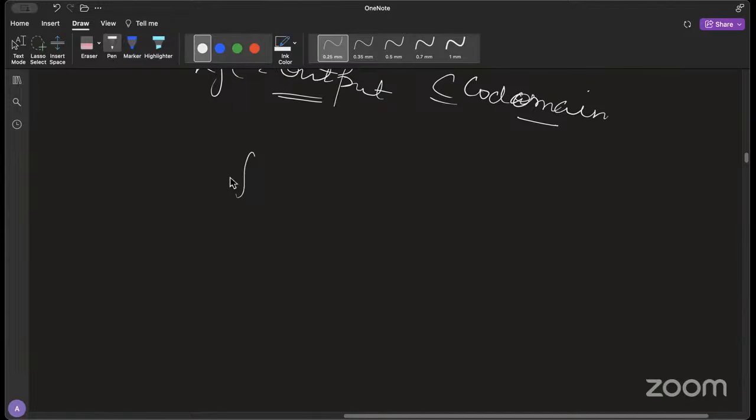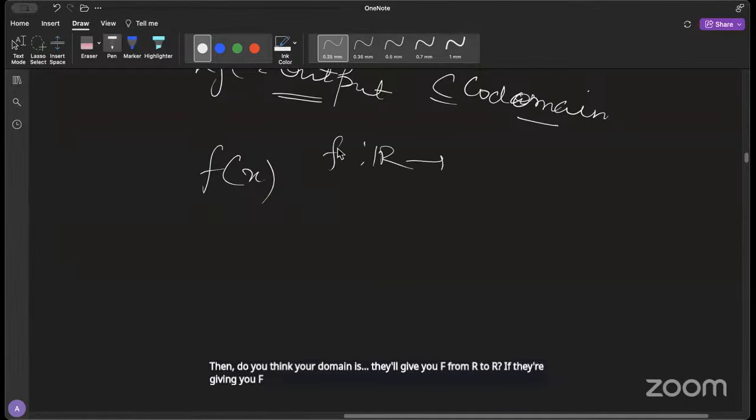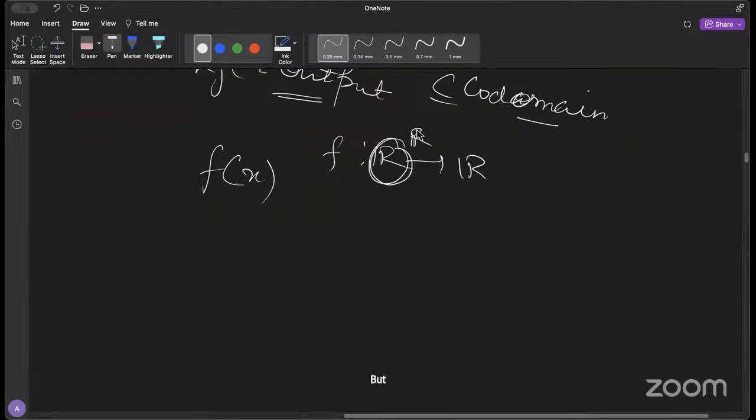Let's say your function is... okay, when you're given functions and asked to find the domain, they'll give you f from R to R. If they're giving you f from R to R, but you're asked to find the domain, that's a legit question.